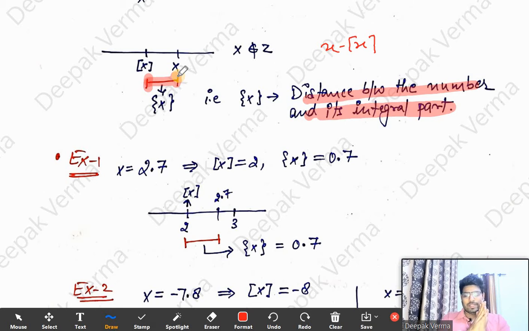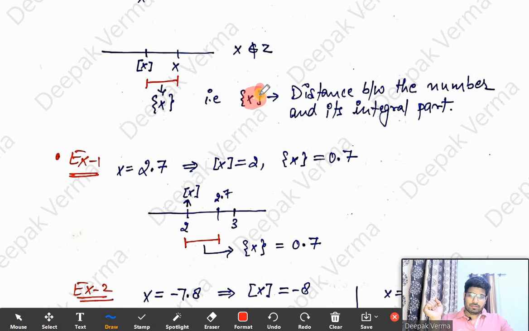Distance can be 0, there is no doubt. Distance can be positive, but distance can never be negative. Is it clear? So this is another way of defining the fractional part of x: the distance between the number and its integral part.